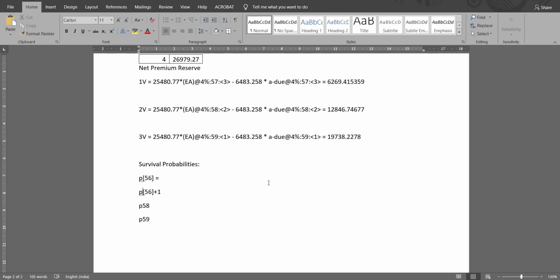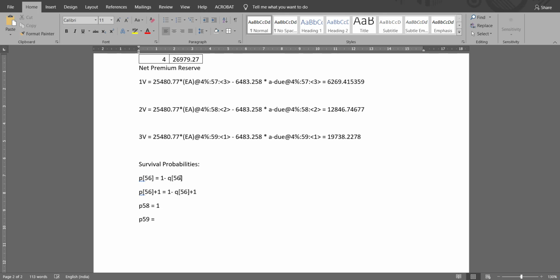Okay, and how will I calculate this? Okay, so let's just see that. I'll have to take their values from the tables. So actually you can use q. Okay, so how I'll do it is q56. This will be 1 minus q56 plus 1.